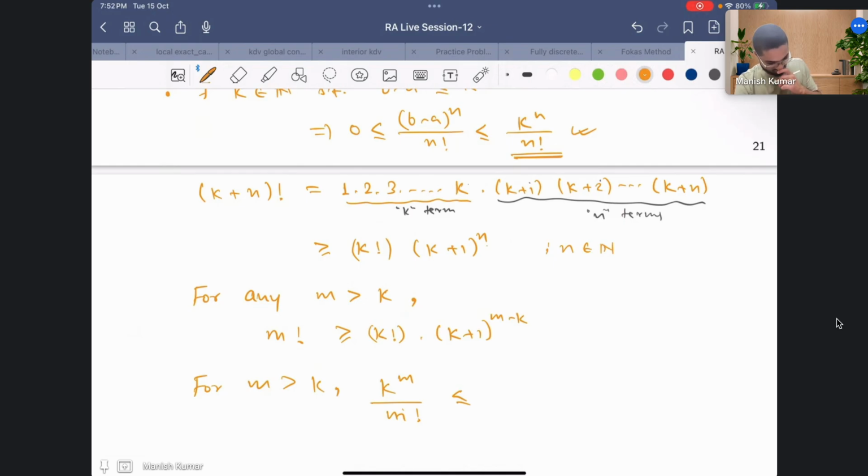So this is k by m, just a second. So I've reached a good point.